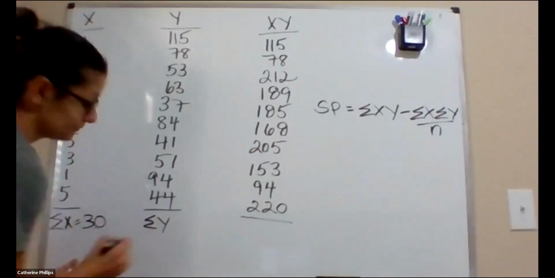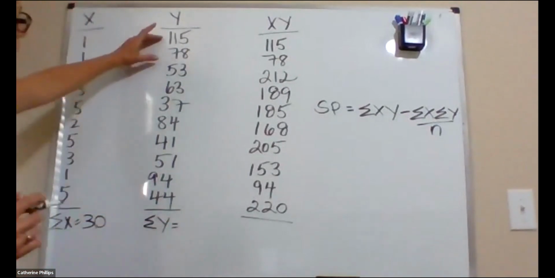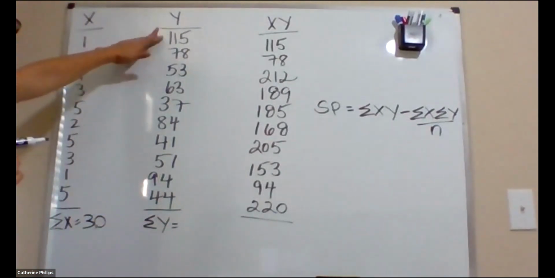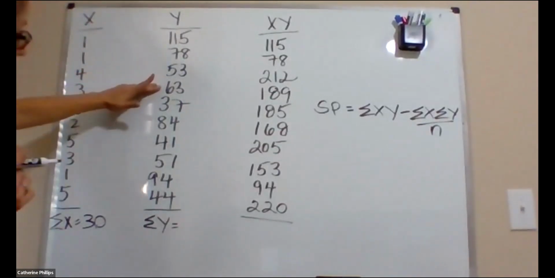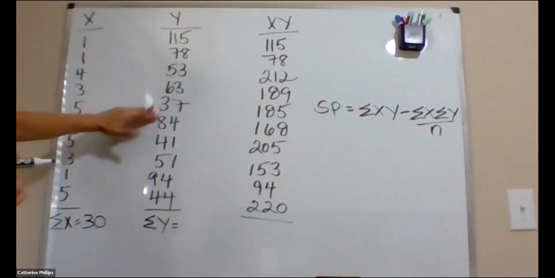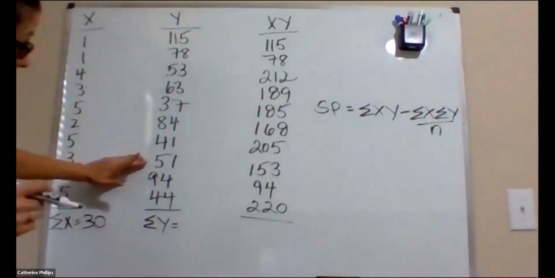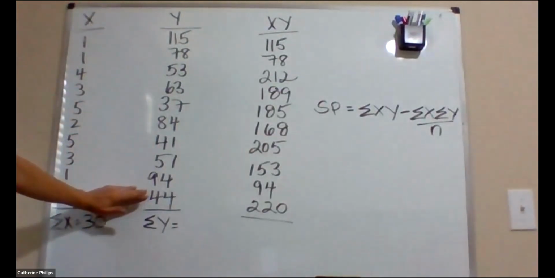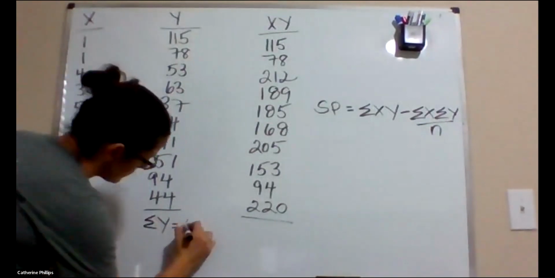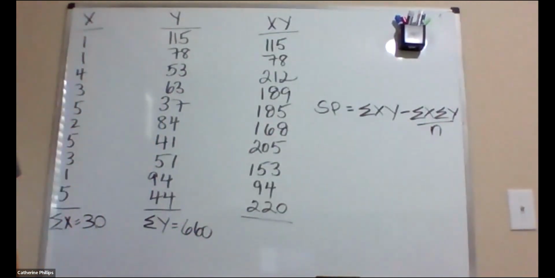The sum of Y, I'm not going to do that quite the same way. But what it is, 115 plus 78 plus 53 plus 63 plus 37 plus 84 plus 41 plus 51 plus 94 plus 44. And if we add those all up, we get 660. And then we need to take the sum of XY.